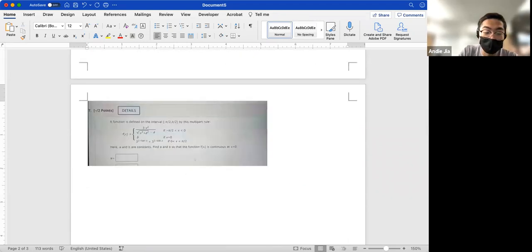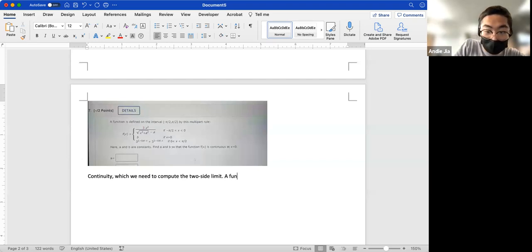This one is about continuity, where we need to compute the two-side limit.